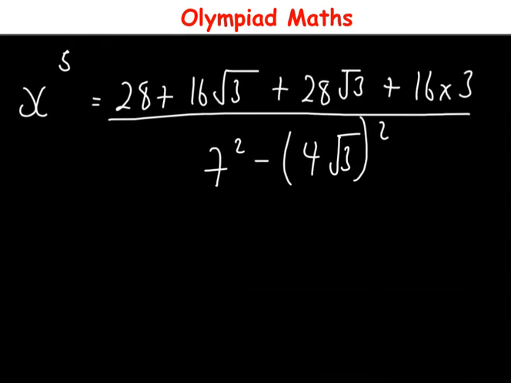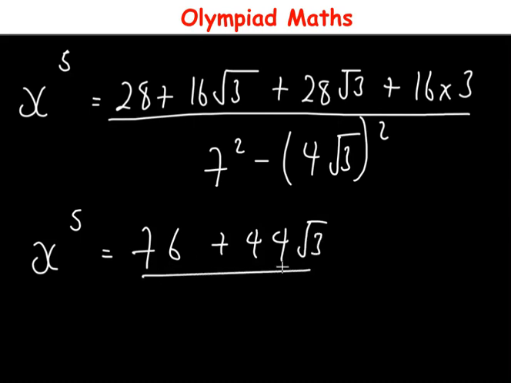So from here, we have x raised to power 5 is equal to, adding this up, 28 plus 16 times 3, 48. So 48 plus 28 will give us 76. Then plus 16 root 3 plus 28 root 3 will give us 44 root 3, divided by 7 squared is 49, then minus 4 squared is 16. Square will cancel square root, we have times 3.